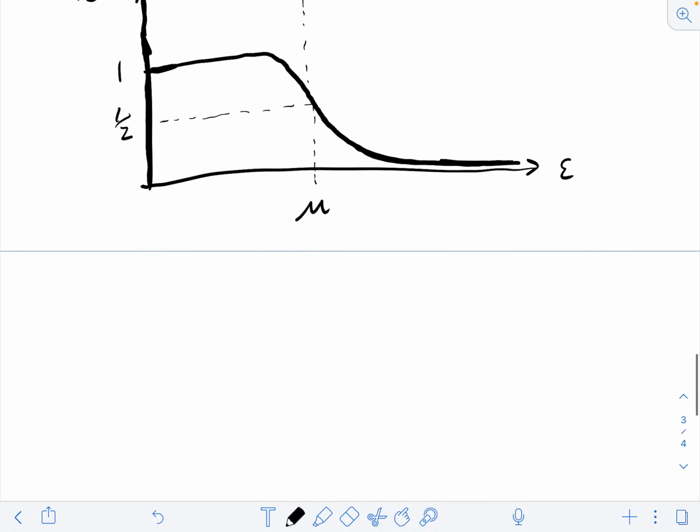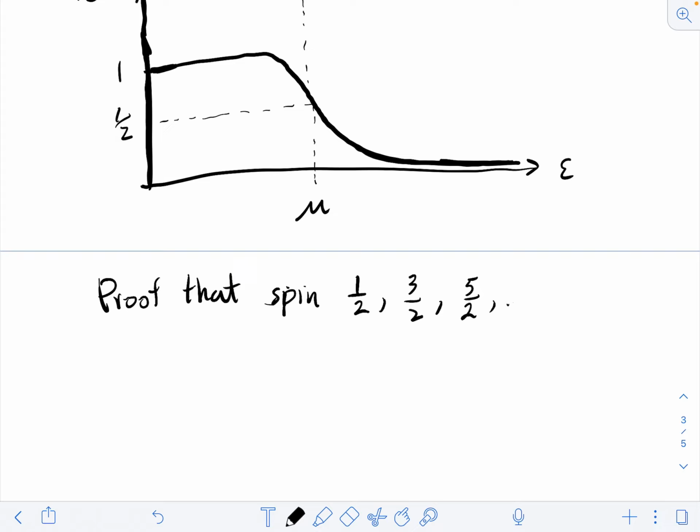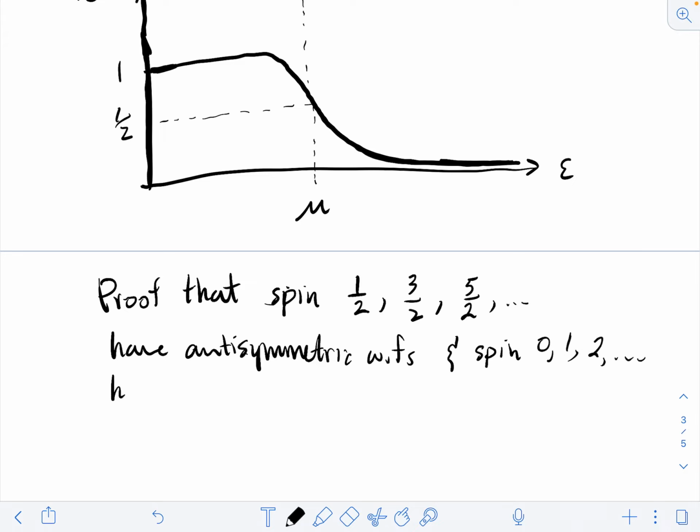Okay, so maybe we'll just make a note that the proof that spin 1/2 particles have anti-symmetric wave functions and integer spin particles have symmetric wave functions is called the spin statistics theorem.